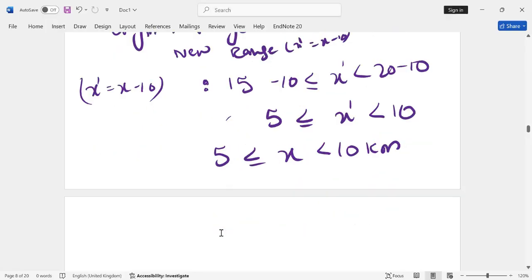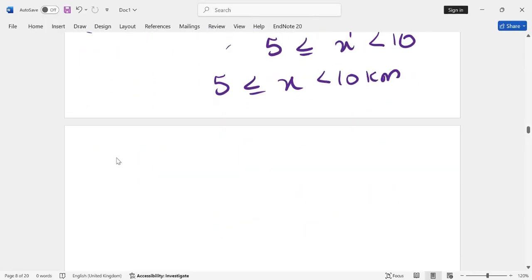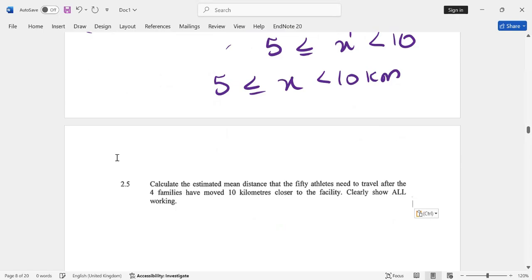So the next question is about 2.5. Calculate the estimated mean distance that the 50 athletes need to travel after 4 families have moved 10 kilometers closer to the facility. So clearly show all working.